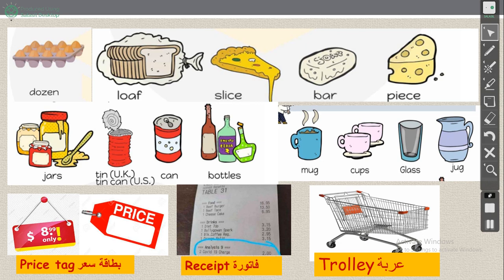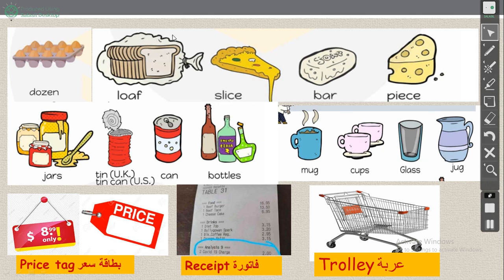And we have loaf. What is loaf? رغيف. Slice, شريحة. Look at the picture. Bar, لوح. For example, a bar of soap or a bar of chocolate. لوح من الشوكولاتة. Piece, قطعة. Okay? A piece of cheese. And we have jar, tin, can, bottle, mug, cup, glass, jug.